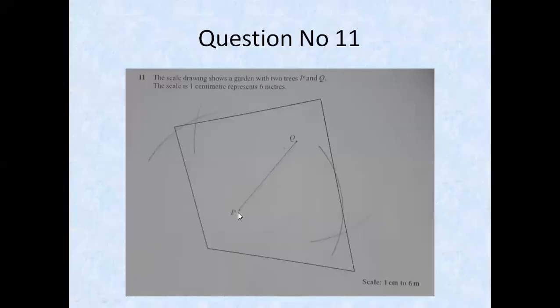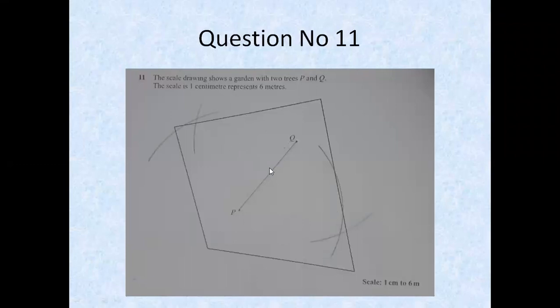So here you can see equidistant from P and Q. I will join them, so that's the line. I have to draw a perpendicular bisector of PQ. So I put the compass here, I draw an arc here and an arc here. Then I put the needle of the compass here, and draw an arc here and an arc here.